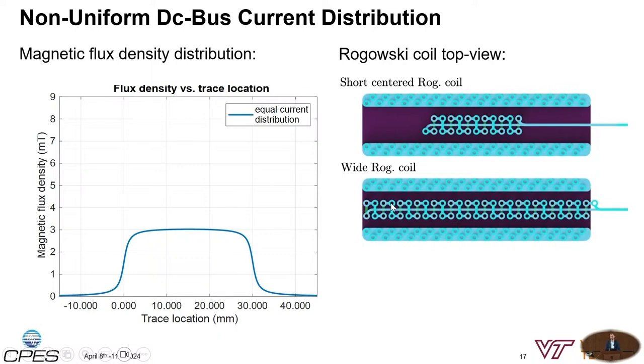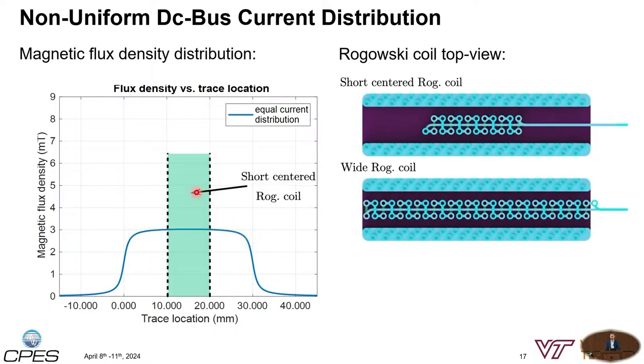The impact of the Rogowski coil length becomes visible when we look at the current distribution within the DC bus. If we assume we have a 30 millimeter wide bus and the current is equally distributed, the flux density induced by the DC bus current is nicely distributed over the whole width.